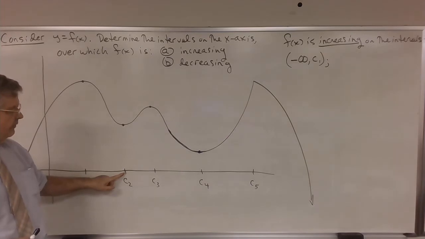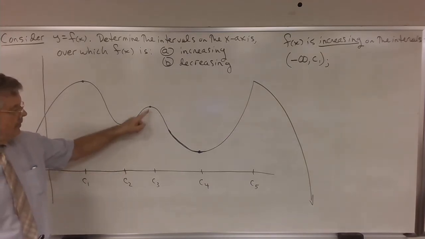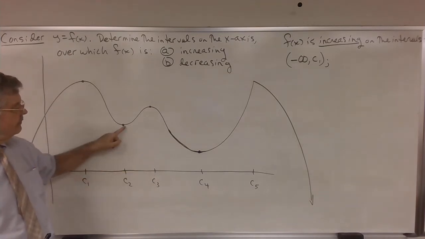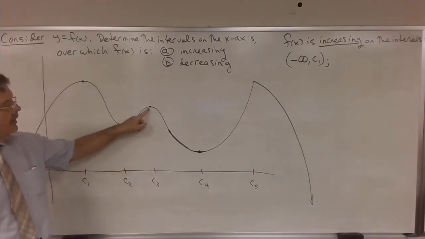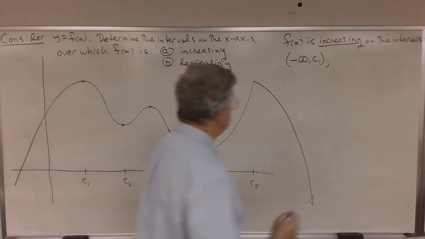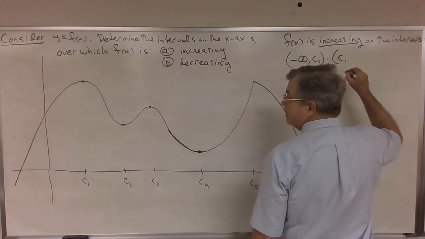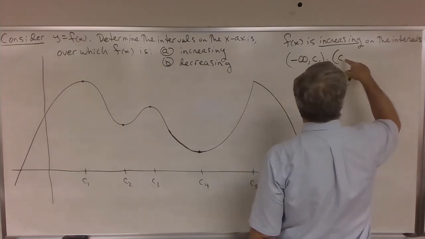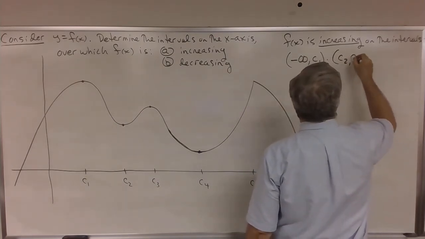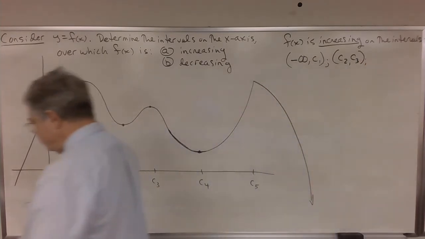So starting at C2 on the x-axis and going until we hit C3 on the x-axis, this function's going uphill again, it's increasing. So the interval from C2 to C3, the function's increasing.